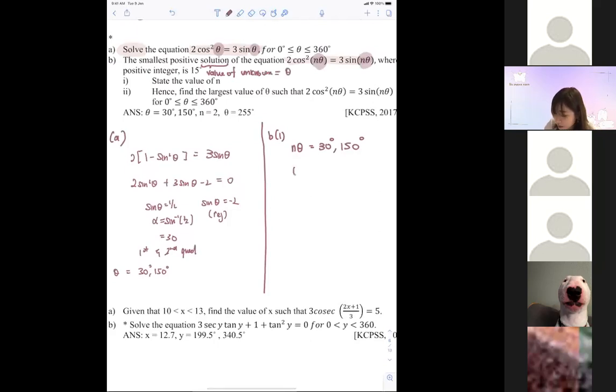Okay, so that means they say that theta, the smallest value is 15. This is the smallest value. So this is equals to 15. So 30 over n is equals to 15. n is equals to 2.